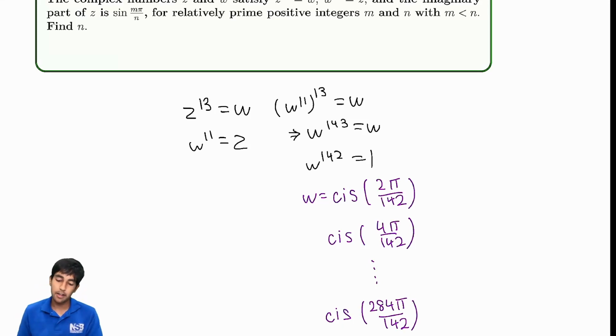Just cis of 2 pi. So these are basically all of our solutions.